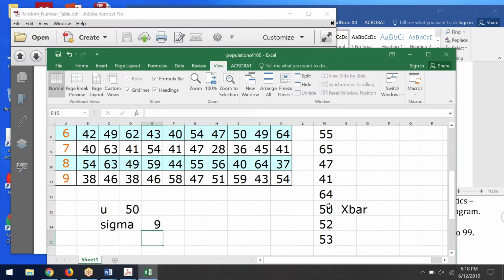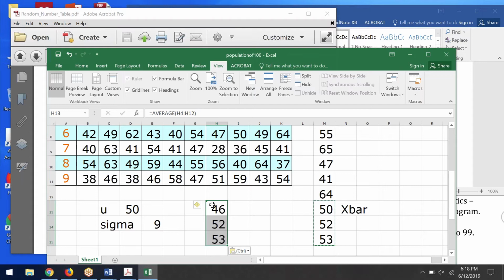Now, these three numbers that I have here are the means for repeated samples of size 9. Remember, I'm going to paste those over here. Oh, you know what it is? I did a calculation, so I can't just do that.